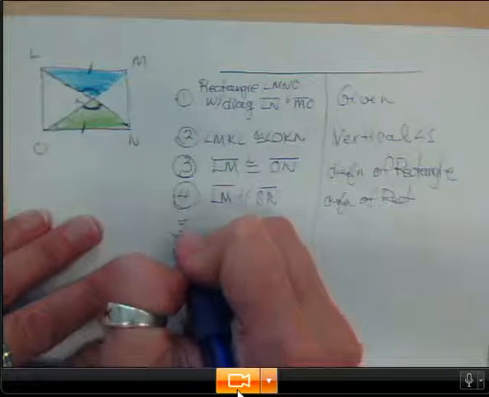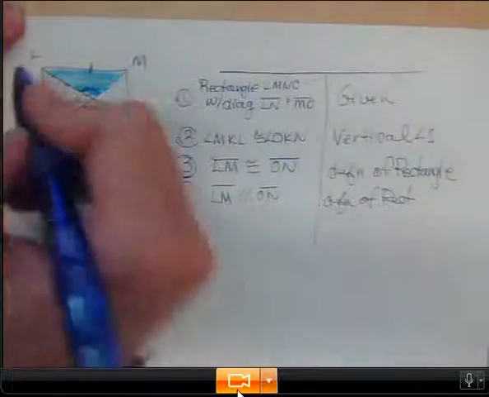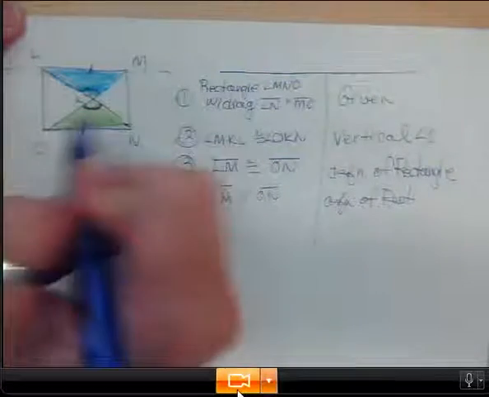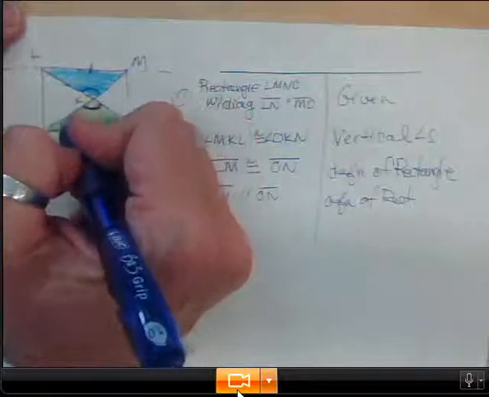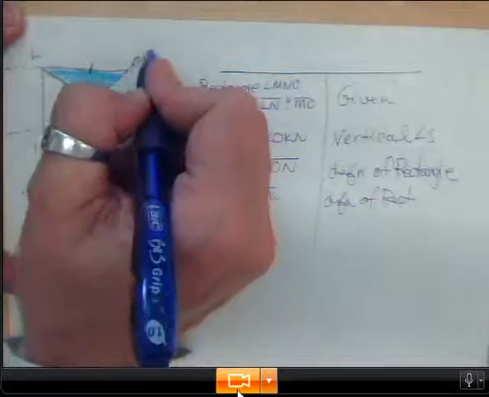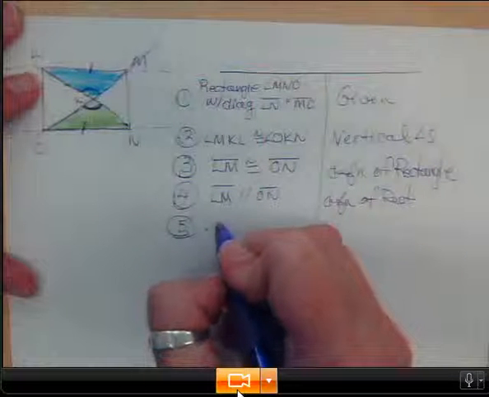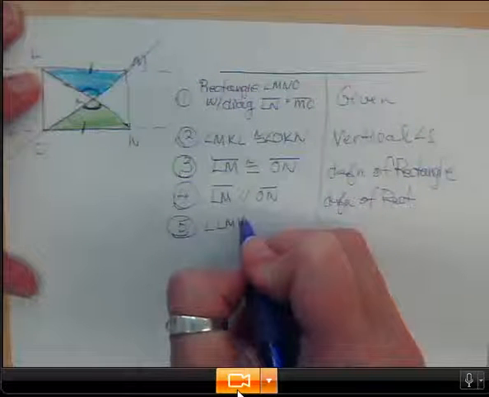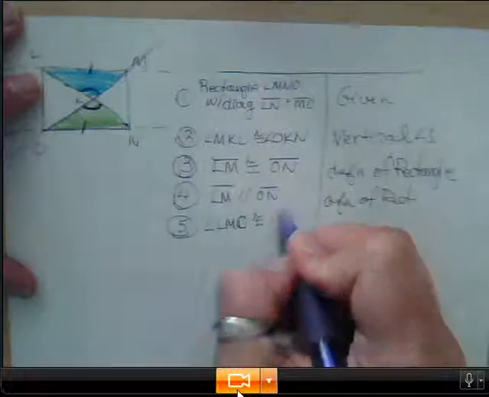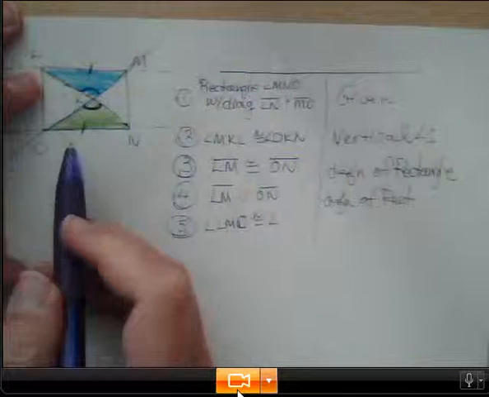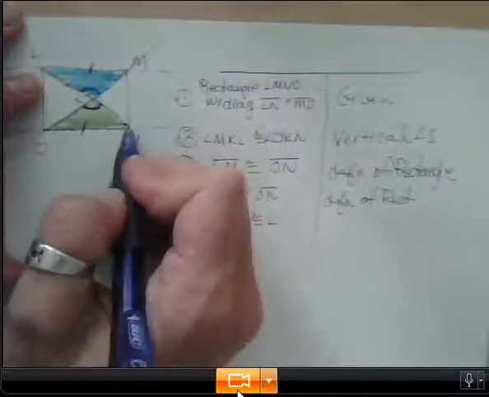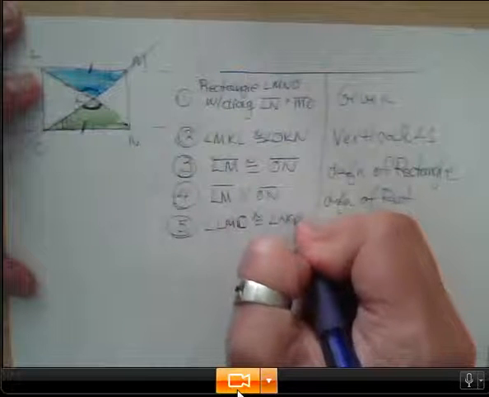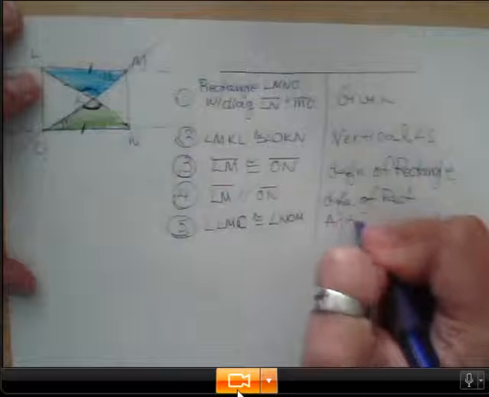Well, if that's the case, then I can pick up an alternate interior angle, because these two would be parallel, and I have a transversal, so I know angle LMO is congruent to angle NOM, and that would be from alternate interior.